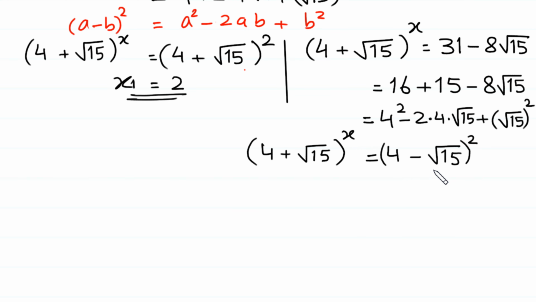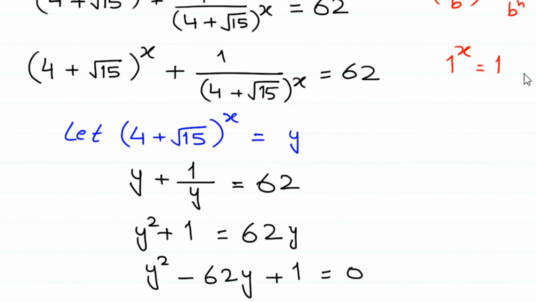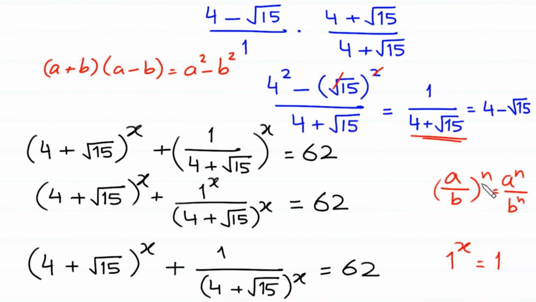Now this 4 minus square root of 15, from here you can see that 4 minus square root of 15 is equal to 1 over 4 plus square root of 15.